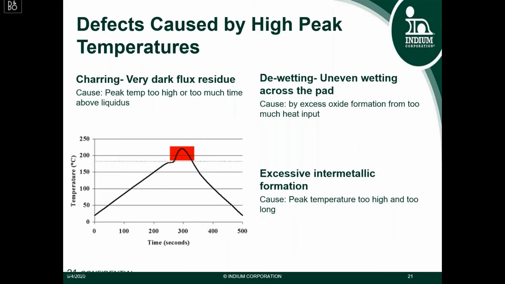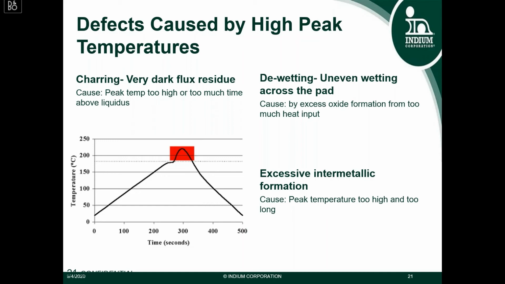Some other defects that are caused by high peak temperatures. Charring of the flux residue, where the flux residue essentially looks burnt on the assembly. The reason for this is because the peak temperature is too high or there's too much time above the liquidus of the solder alloy.